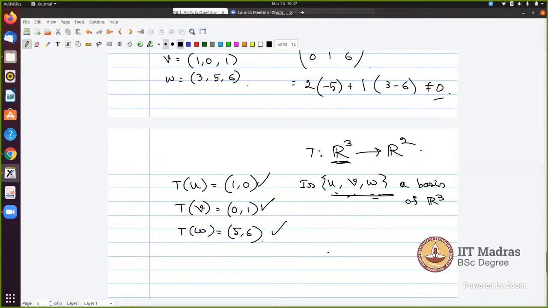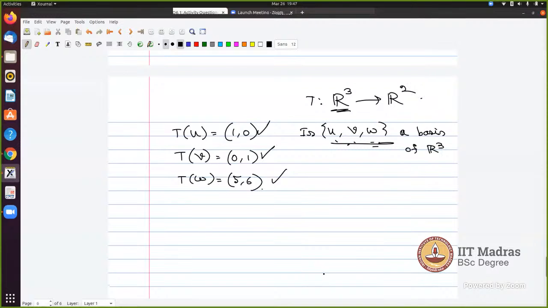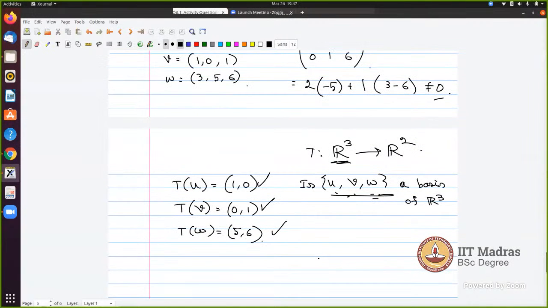We have R3, we have taken 3 linearly independent vectors, and we have assigned 3 images for them. So yes, that is indeed a linear transformation. All the elements of the basis have some images.